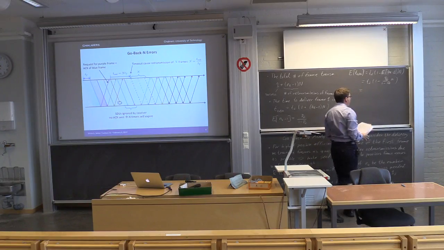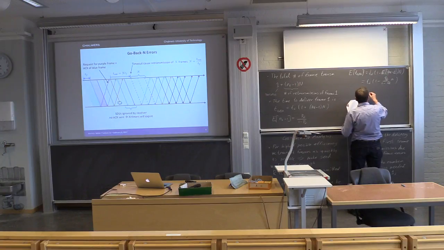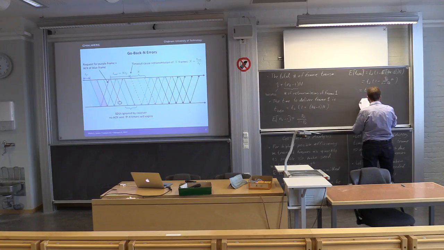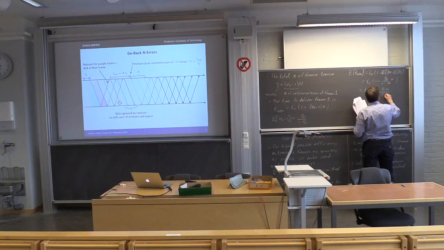And then we simplify this to be Tf times 1 minus Pf plus N Pf, divided through by 1 minus Pf.